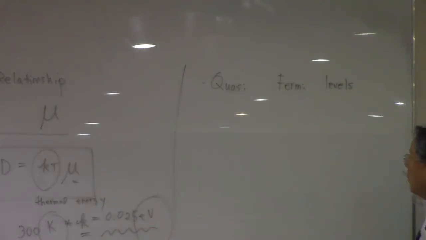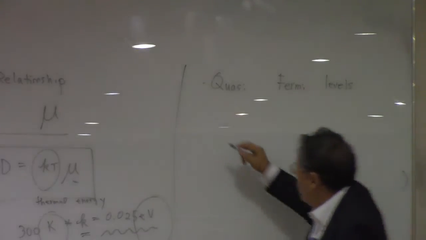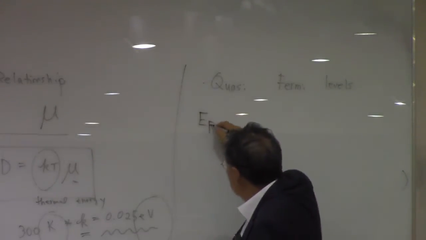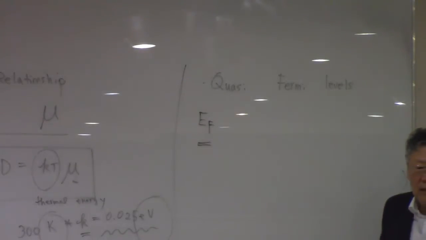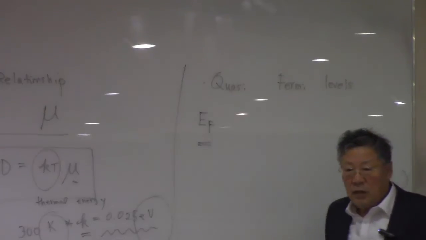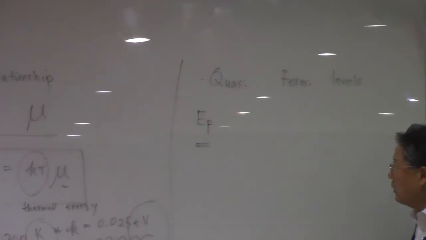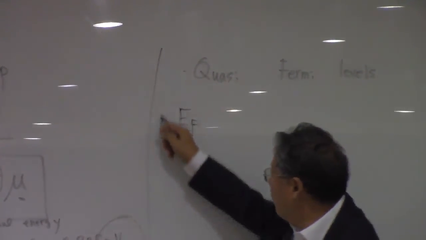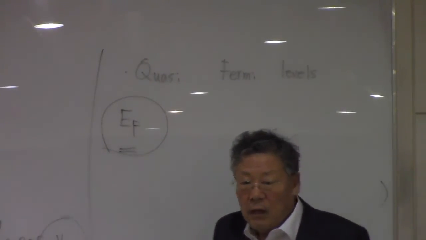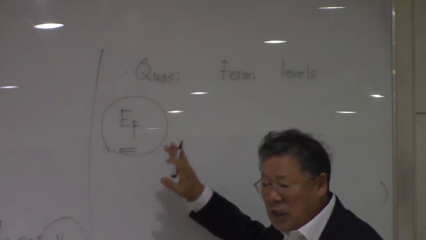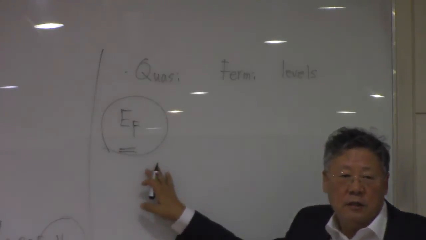What are the quasi-Fermi levels? The Fermi energy can be defined only under equilibrium situations. If you have a non-equilibrium state, then the Fermi energy is not going to be defined. Okay? So Fermi energy is an equilibrium energy state.